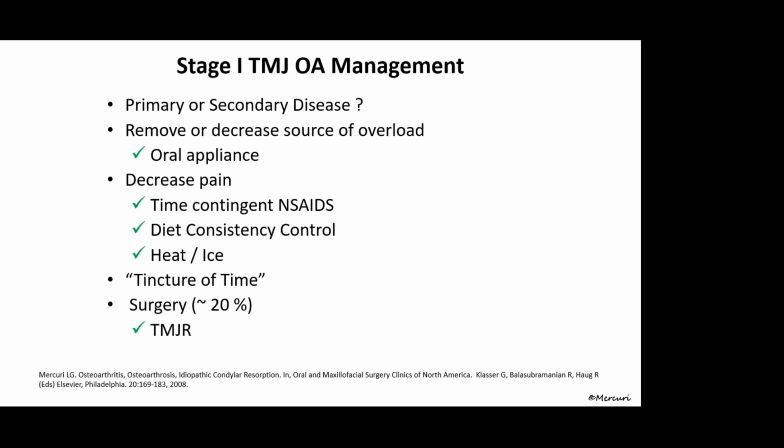Tincture of time. The use of this technique does not happen instantly. So we give the patient 3 months. Ultimately, 80% of the patients, if they follow this regimen, do well. 20% of the patients do not, and those are the patients that go on to joint replacement.